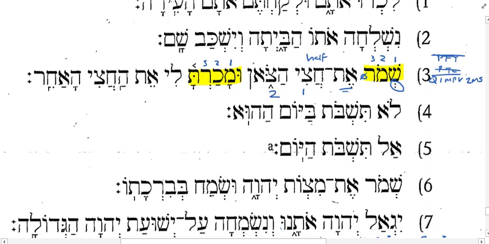Is it? That's the question. If it's in a construct chain, then thing 2's definiteness ensures the definiteness of thing 1. And is that definite, thing 2? Yep, I've got my article on it. So that's why there's a definite direct object marker here, okay?